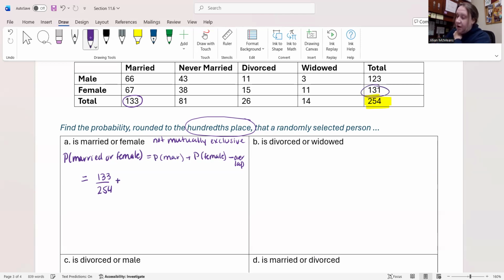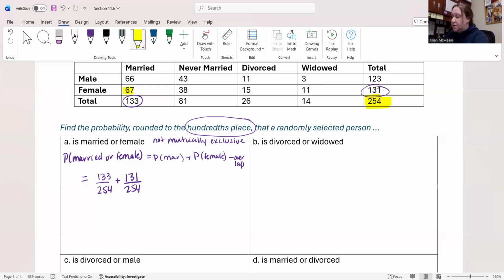From this table, there are 131 million females, but there is overlap. We have people identifying as female and married. So that would be this right here. We need to subtract the overlap because the overlap is being counted in the female row and the married column. Can't be counted twice.